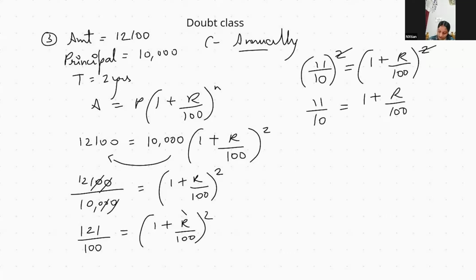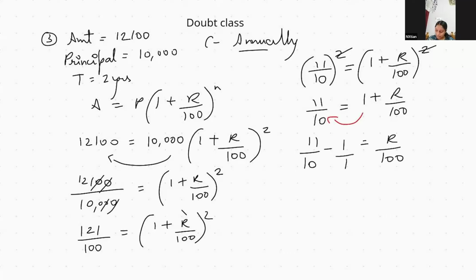Now this R is a variable, so numbers we will take on one side, the variable on the other side. So this 1 I can take on this side. It is plus 1 on my right side; when I take it to my left, it will become minus 1. So I can write 11/10 minus 1 equals R/100. Take LCM, subtract it.